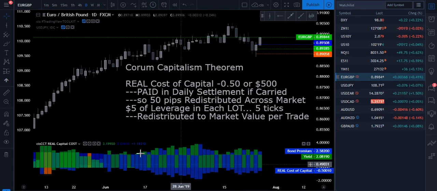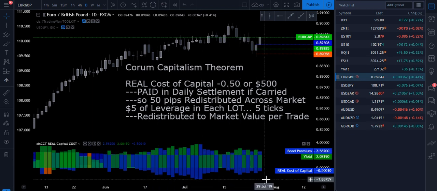Across the top, where you have the green and the blue colorations, those also provide buy or sell conditions based on the capital structures of the economy. So what this indicator, the CIS-CCT Real Capital Cost Indicator and Corum's Capitalism Theorem focuses on is capital productivity and provides a signal based on an assessment of that capital productivity.